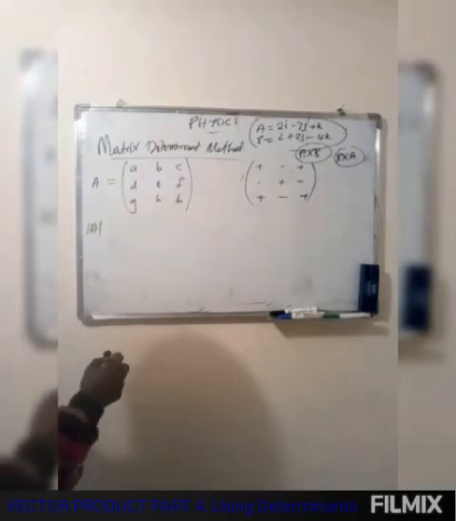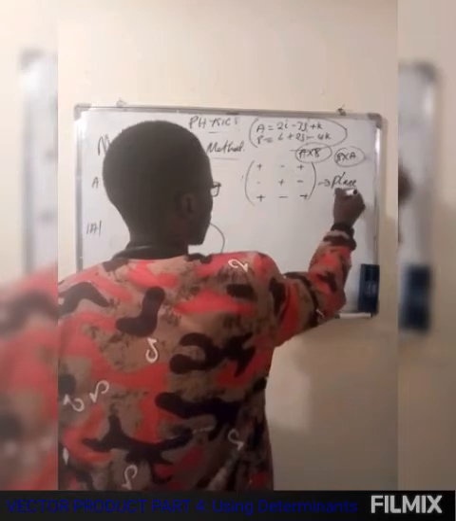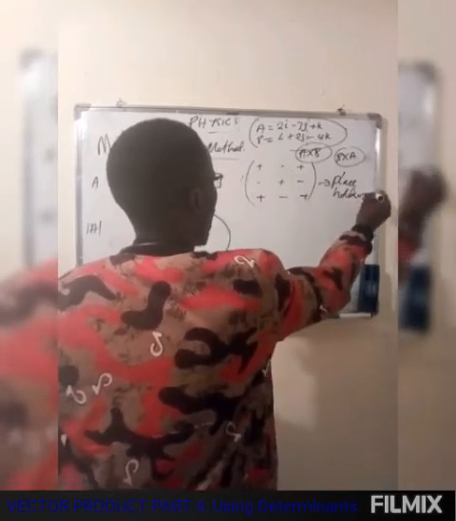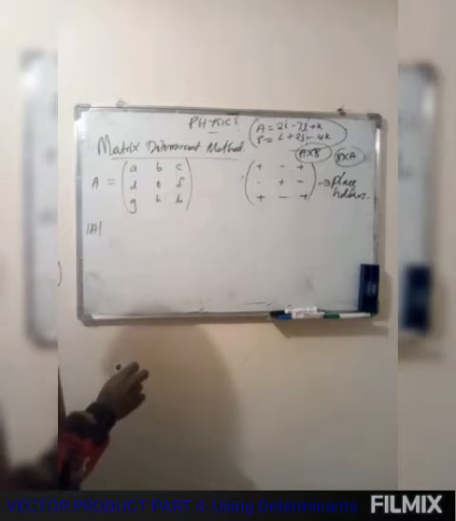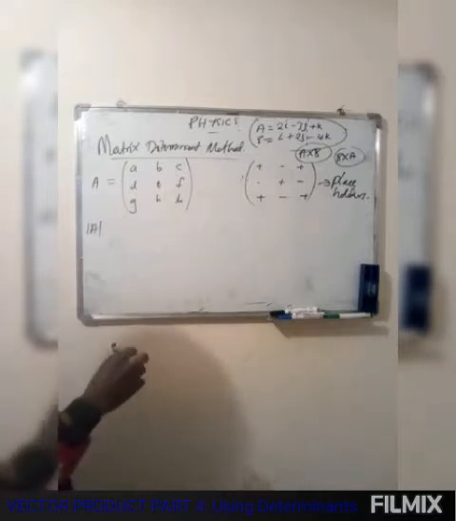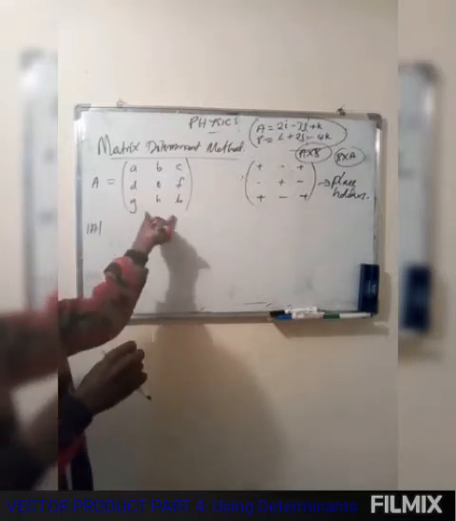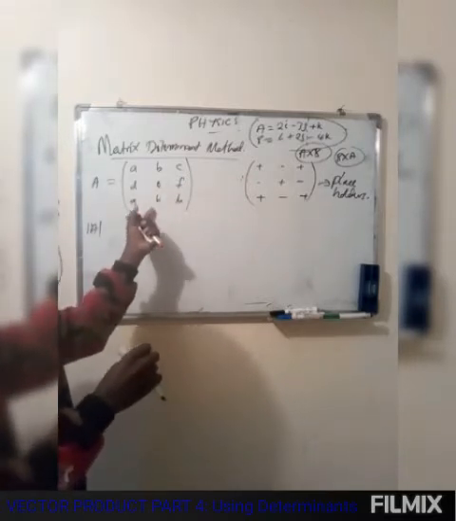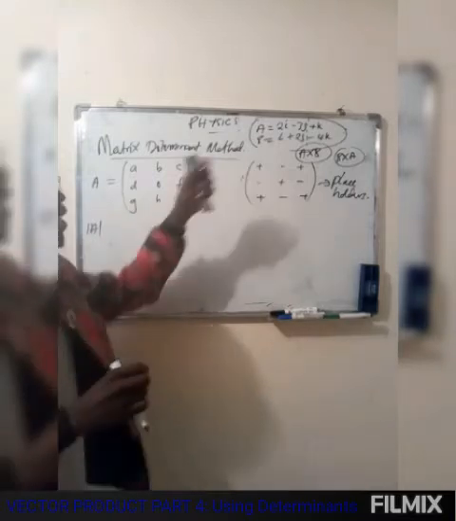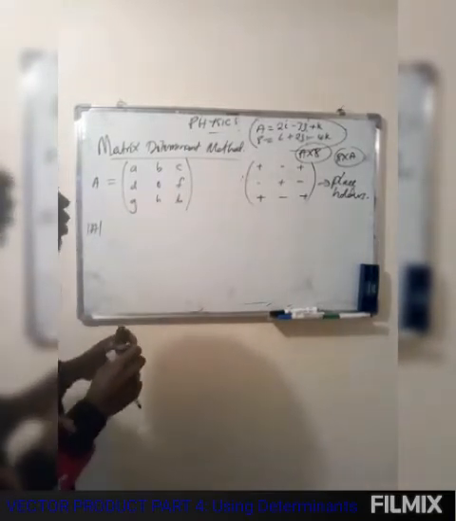So these are what are called placeholders. And then we also have what are called cofactors. A cofactor is simply any particular element in this matrix, together with its sign, its placeholder.